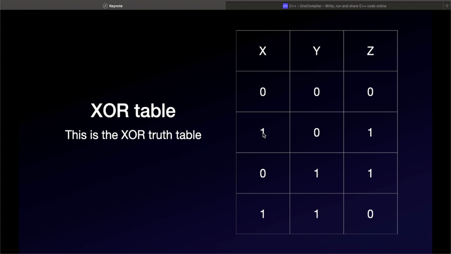Now in the second case we can see that x is true and y is false, and they are different, so that is going to be 1, as I said already. Now 0 and 1 again, you get true because both of them differ. One is false and one is true. And in the last case, both of them are true, but remember, XOR gives you false for inputs that are the same, right? So you get false in this case.